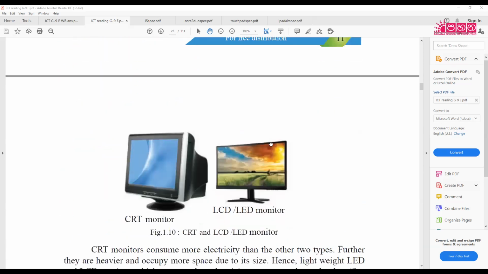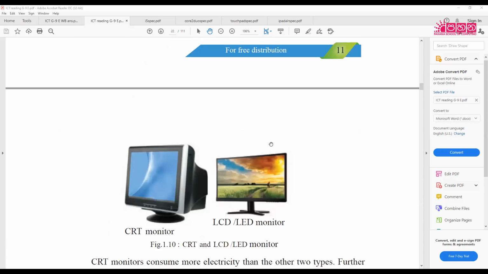From the shape, you can easily identify the old TVs we had earlier, or sometimes still have at home. If it is bulky with a bigger backside like this, then it is CRT technology. But if it is a flat one, what we have nowadays, it comes as LCD or LED monitors.